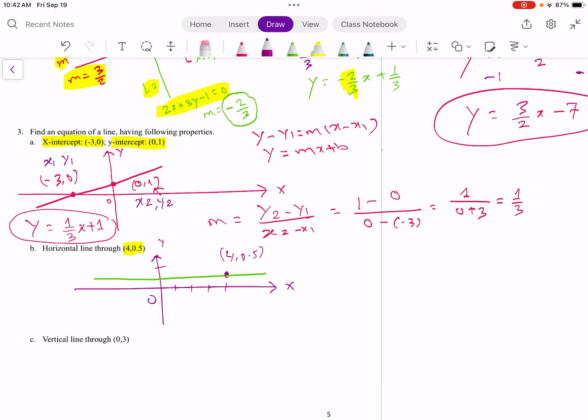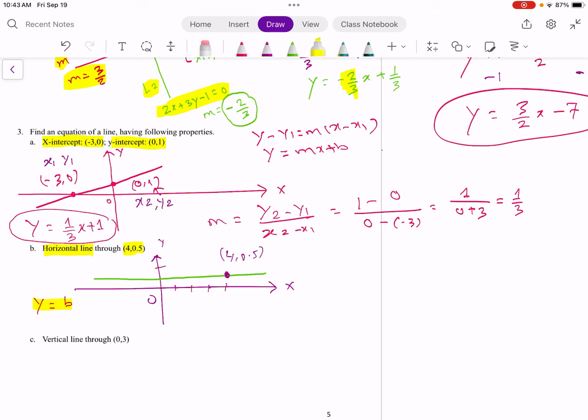If you have a horizontal line, the equation looks like y equals b. This is the case only for a horizontal line, and b is the y-intercept.